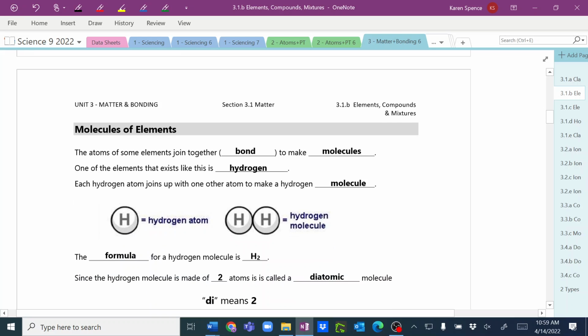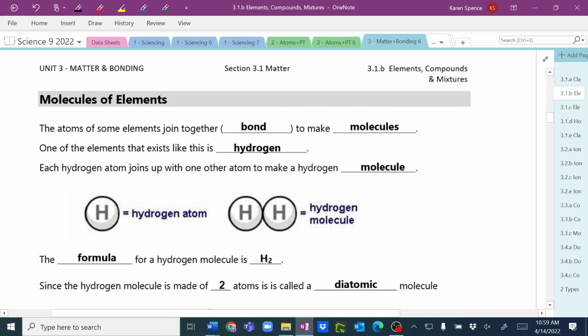So, molecules of elements. Atoms of some elements join together, and the word for join together is bond. And when they join together, they make molecules. One of the elements that exists like this is hydrogen. Ethan and Terrell, why don't you guys come sit up here?